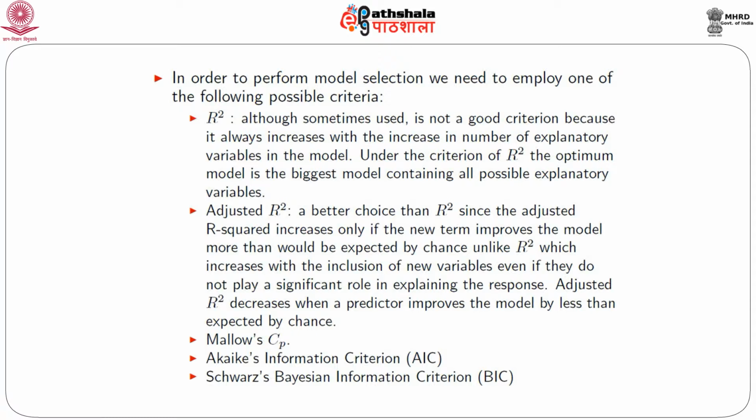Although this criteria is not a very useful one because it always increases with the increase in number of explanatory variables in the model. Whether the included predictor variables are all significant or not does not count when it comes to R-square. As long as we keep increasing the number of predictor variables, the R-square is going to increase.